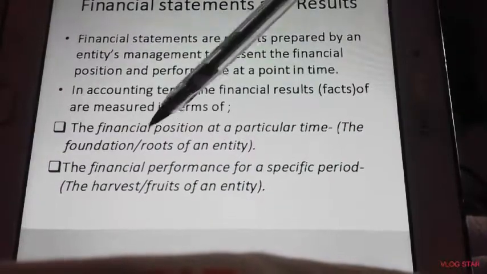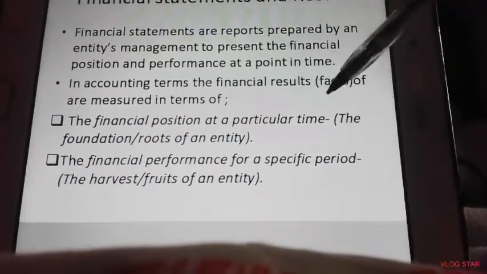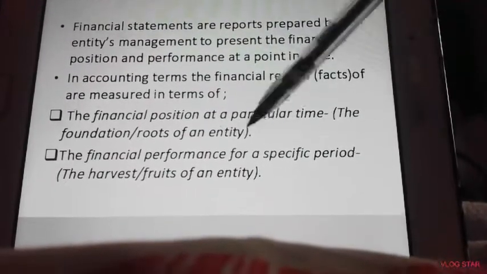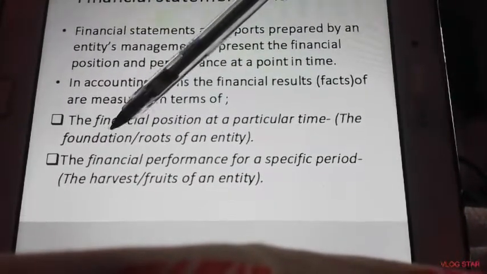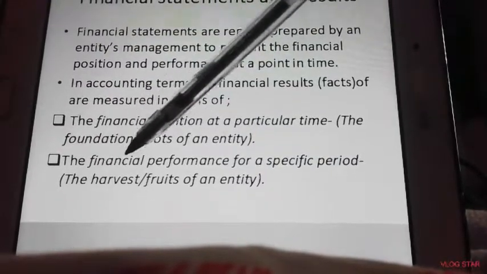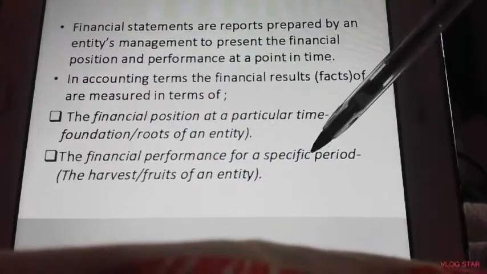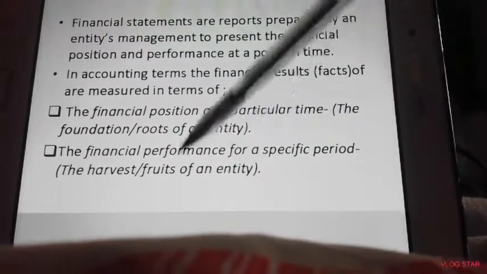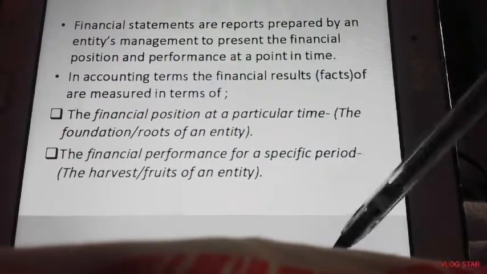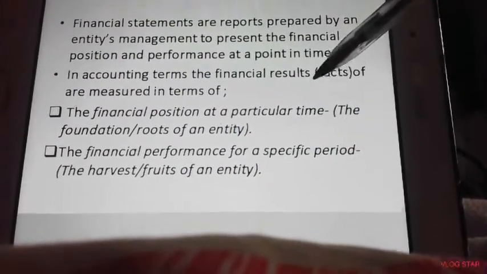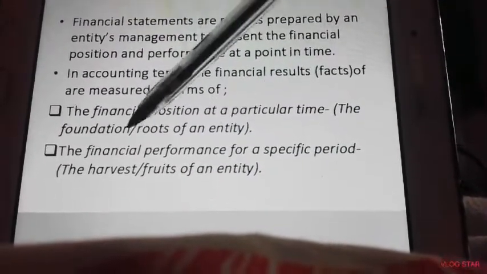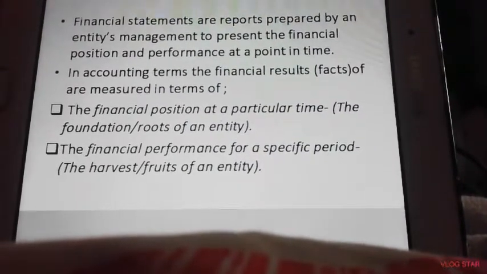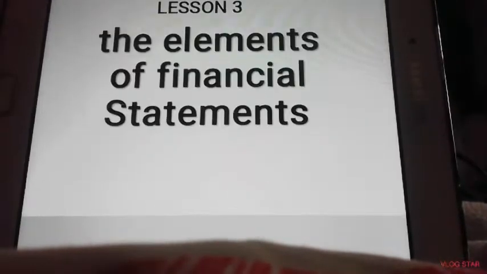Number one is to show the financial position of the business at a point in time. This has to do with the foundations or the roots of an entity. And number two, we have to show the financial performance of the business for a specific period. This has to do with the harvest or the fruits of an entity. So the financial statements are prepared in two ways: to show the financial position of the business and to show the financial performance of the business. These are what we call the financial statements.